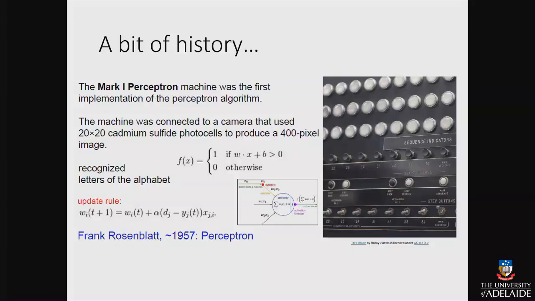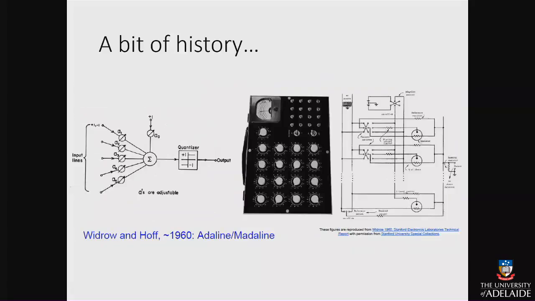Each light in this image is actually a pixel. You can treat it as a pixel of an image, right? In this machine, it's a simple linear classifier, which is basically just a simple WX plus B, right?